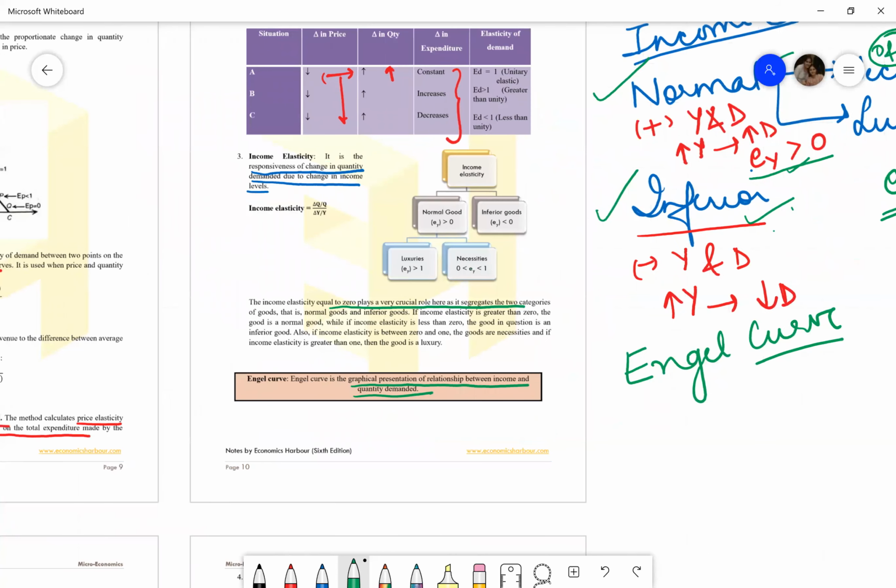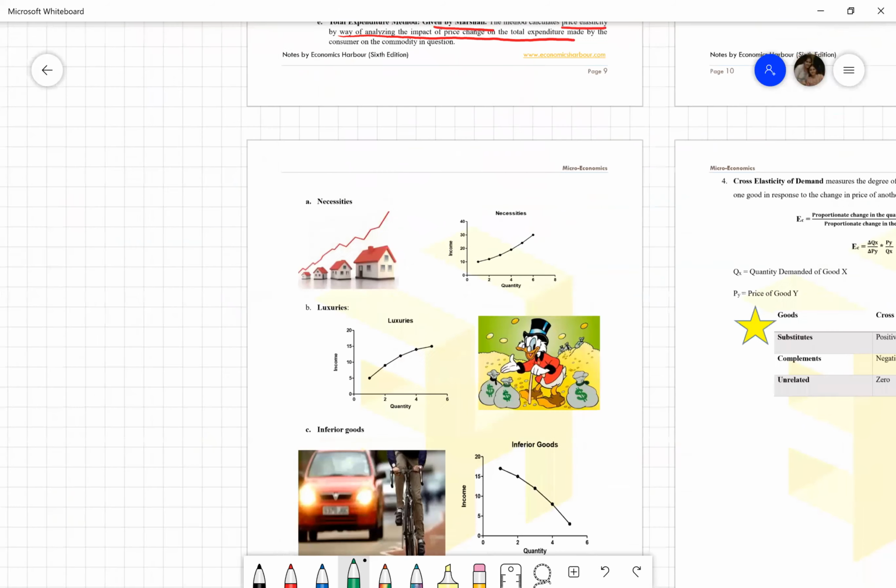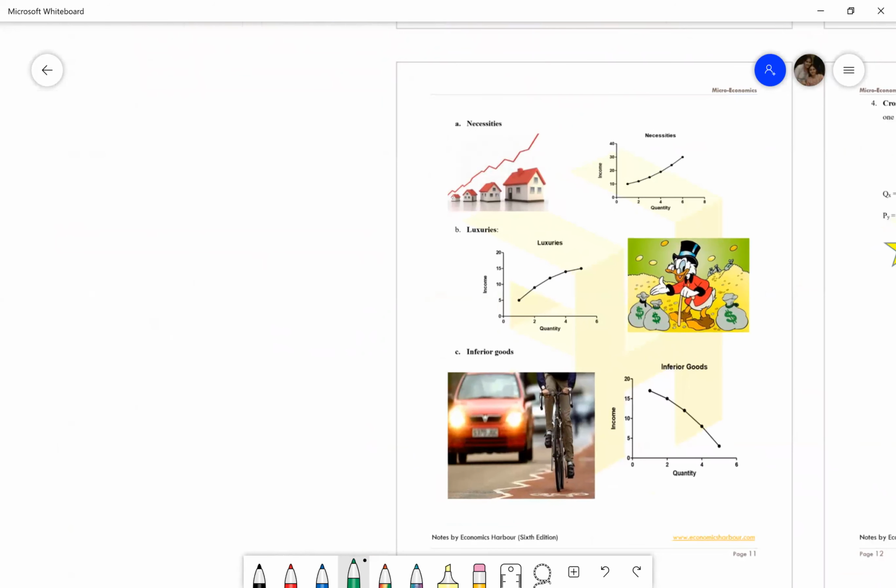In case of necessity goods, you will have an upward sloping but steeper Engel curve. In case of luxury goods, you will have an upward sloping and a flatter Engel curve. But in case of inferior goods, you will have a downward sloping Engel curve.